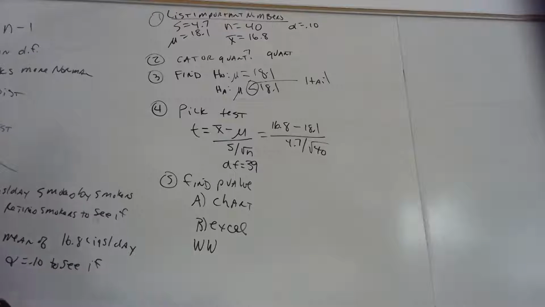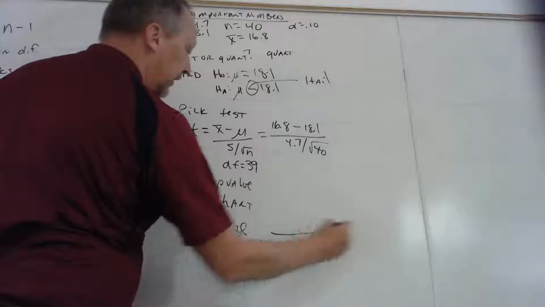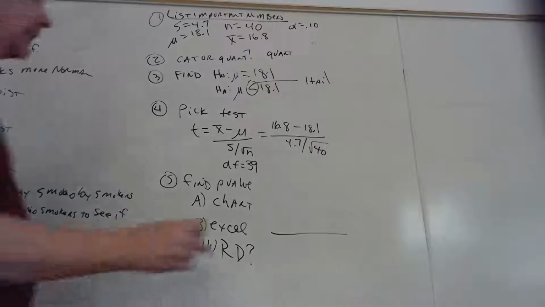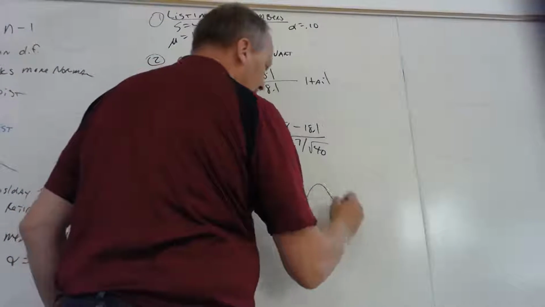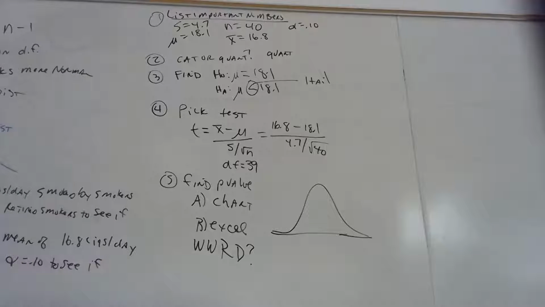Here's your hint. What would Rick do? Draw a picture. Rick would draw a picture. What am I drawing a picture of? A histogram? No, kind of. Well, technically, the Z is the bell curve, but yeah, it looks like that's a T distribution as opposed to a Z distribution, right? Clear as mud, right?